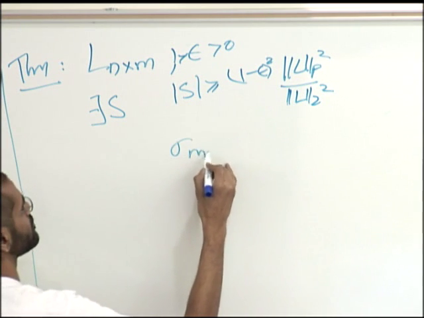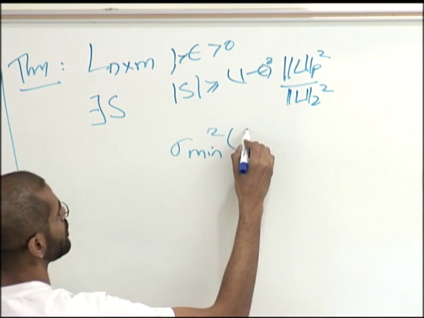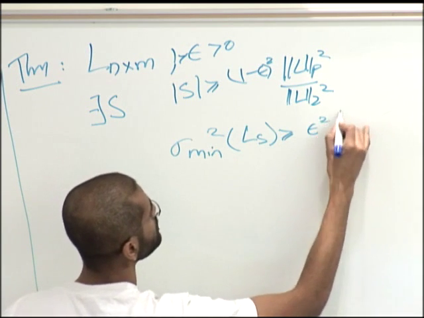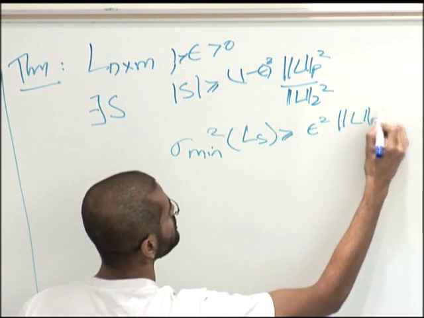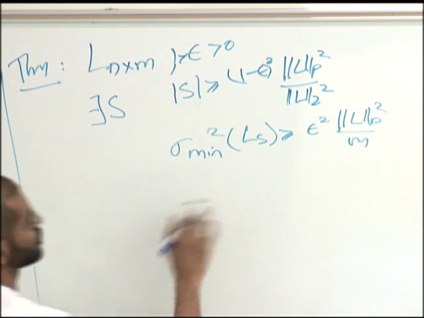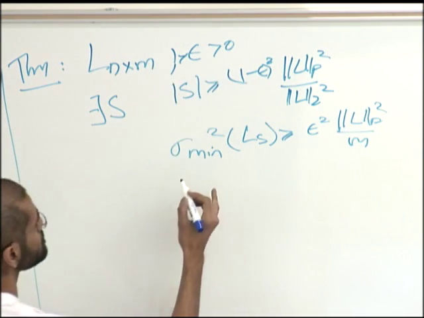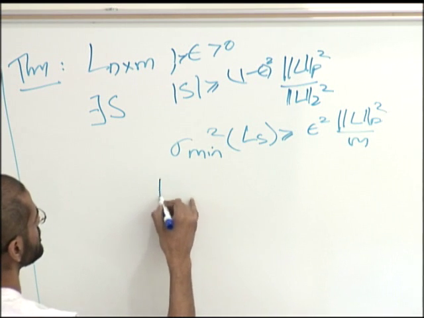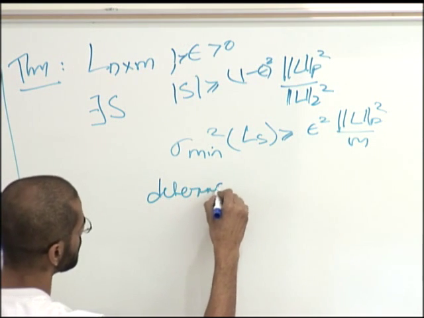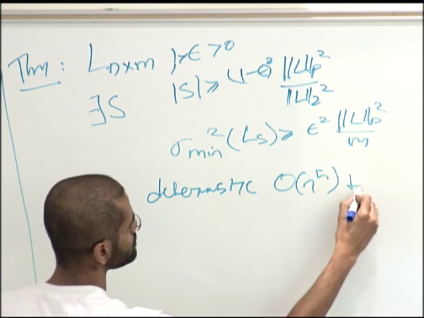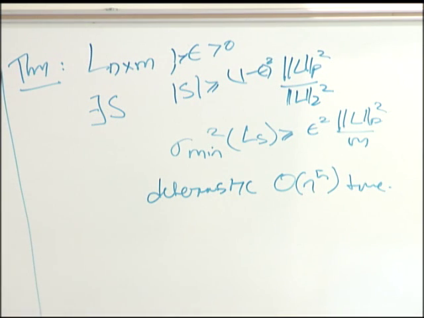And the least singular value squared of this restriction is at least epsilon squared times the average column length. And there are no constants, and you can put whatever epsilon you want. And it's a deterministic n to the 5th time algorithm.